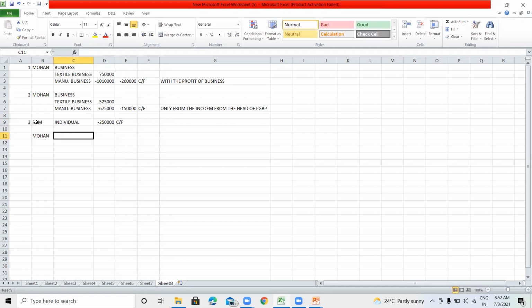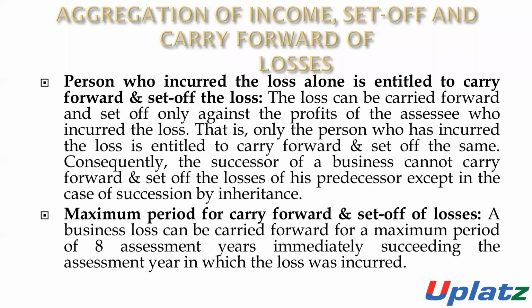Then such a loss will not be adjusted by Mr. Mohan, because Mohan is now the successor and Ram is the predecessor. The loss of Mr. Ram will not be carried forward or adjusted by Mohan. Because the person who incurred the loss, only he will set off or carry forward the loss.